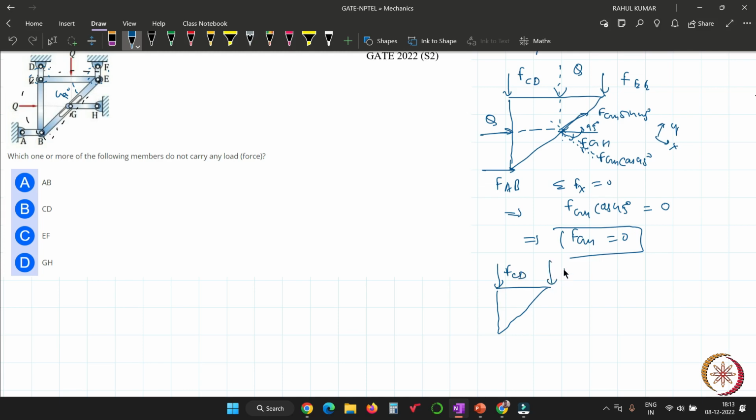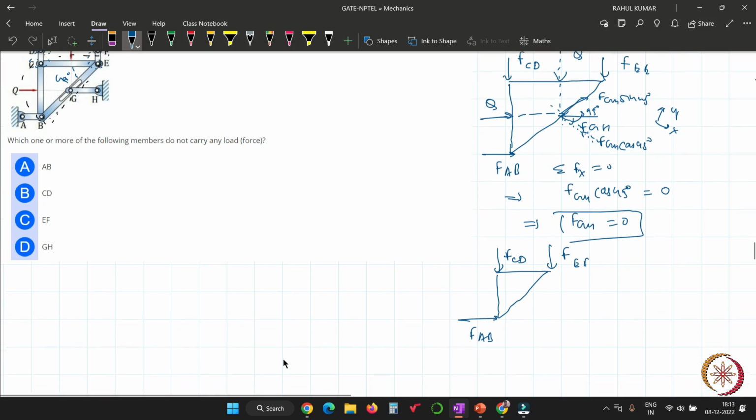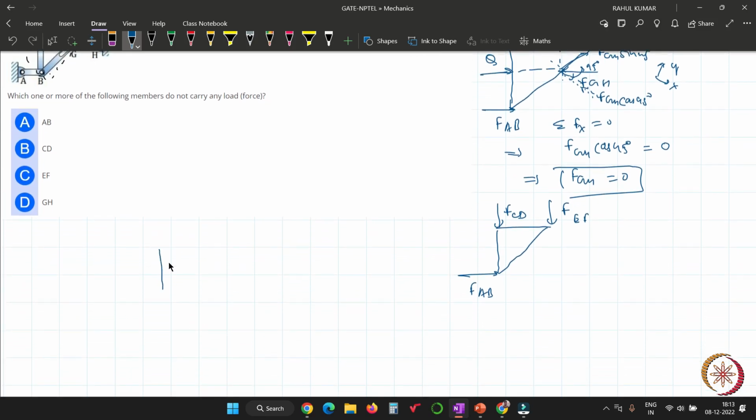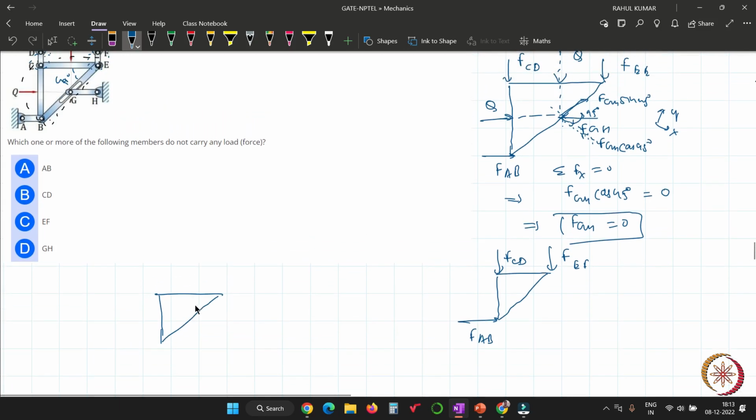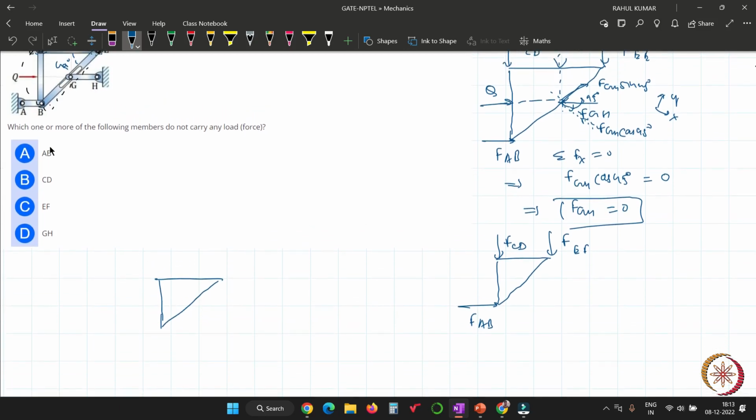Excuse me, sir, whenever we have a slot, the reaction will be along the slot, no, sir? It doesn't matter. If you still try to solve this problem by assuming that the force acts only in the direction perpendicular to the slot, you will still achieve the same result.